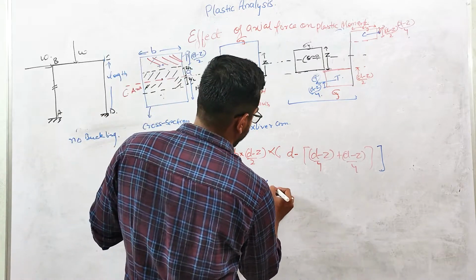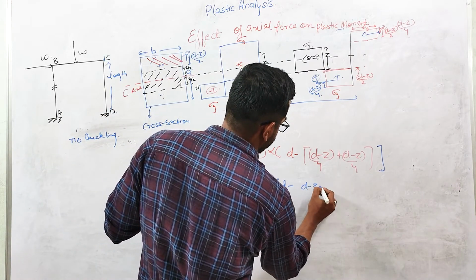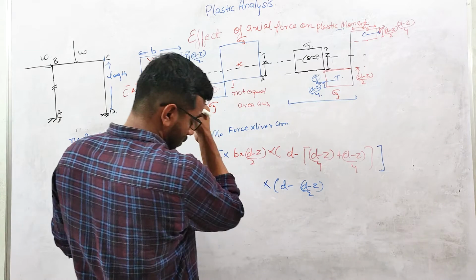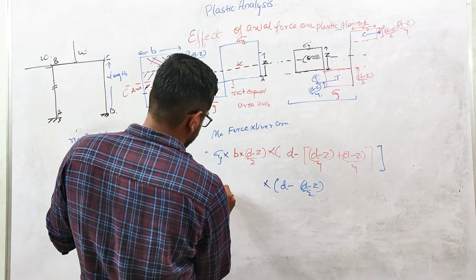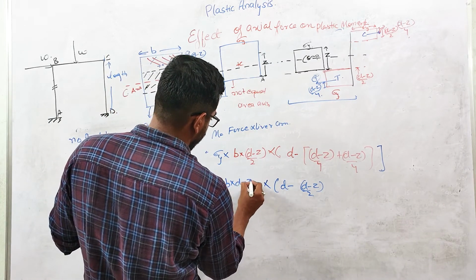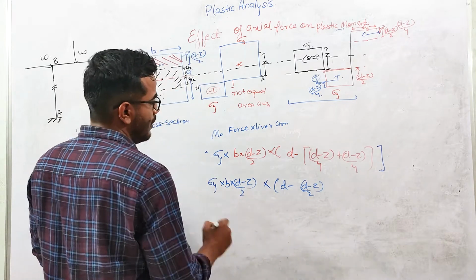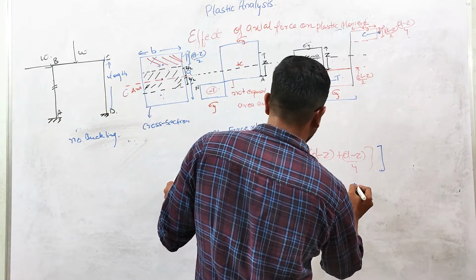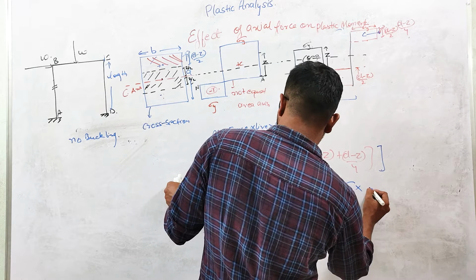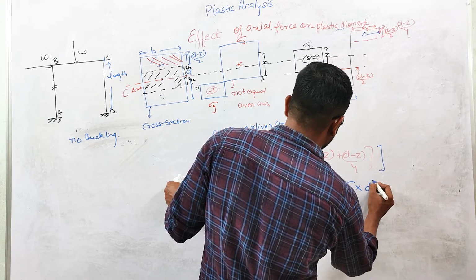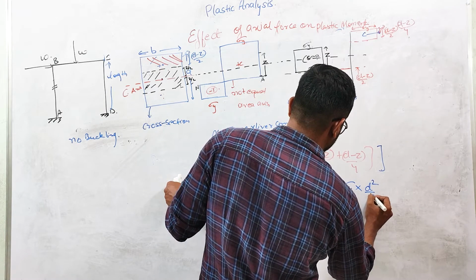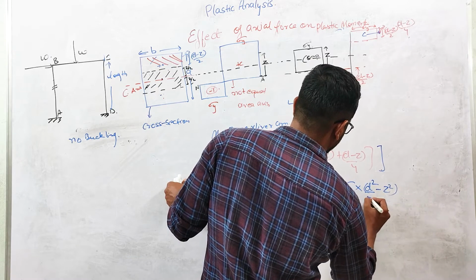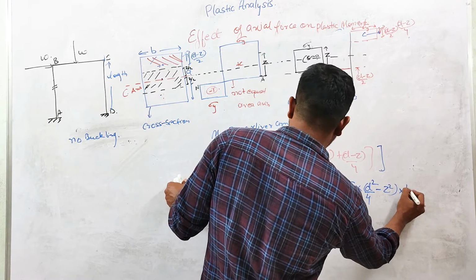So this is (d minus z)/2, and this is (d minus z)/2. If you solve this equation, it will give you sigma y into (d square minus z square)/4 into b.